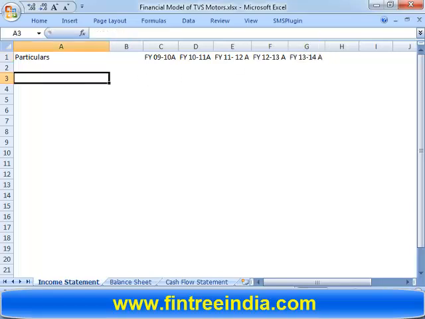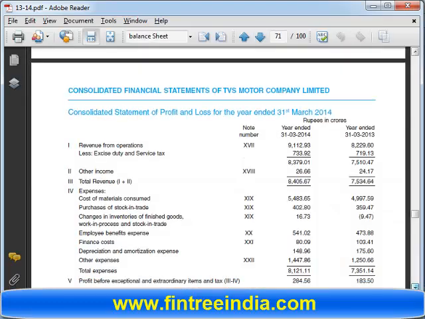Okay, let's pick up the annual report of TVS Motors, and let us start with 13-14. These are the consolidated. Earlier ones were standalone. So we'll have to replace a few numbers quickly.